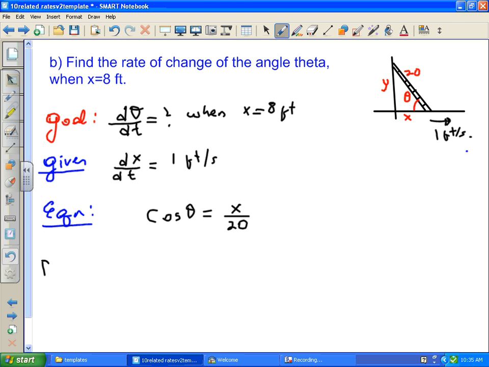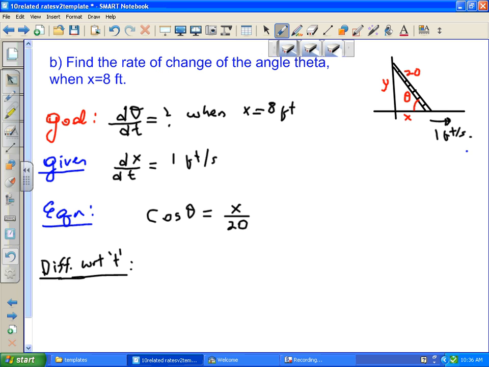Now we want to differentiate with respect to the variable t. And what do we get? Derivative of cosine theta with respect to t.